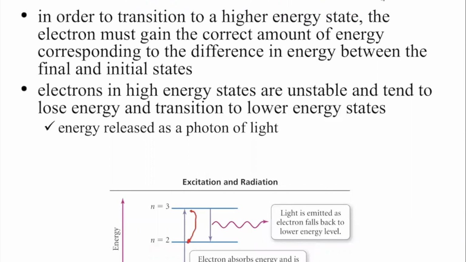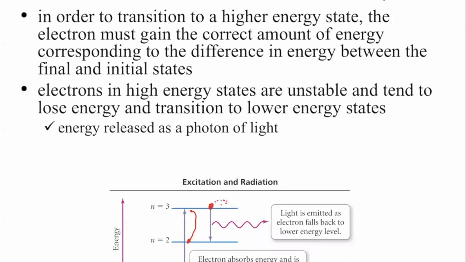Electrons with higher energy are unstable. The more energy you have, the more unstable you are. I'm not going to be happy here because I have more energy, I'm shaking, I'm dancing. I want to fall to a lower orbital where I'm going to have less energy. In the process of falling, I'm going to release a photon, which is pretty much light. And that's what we call emission.